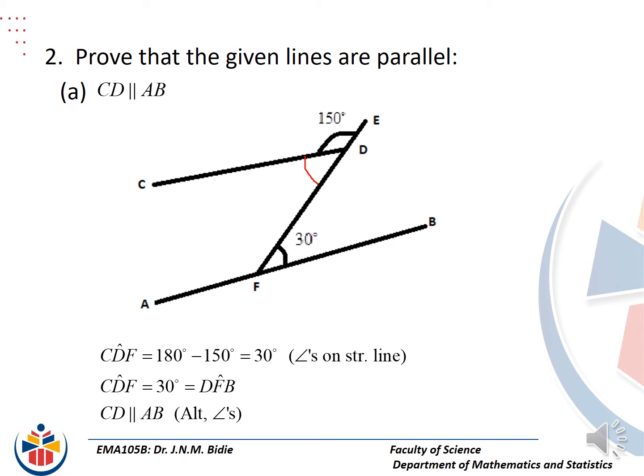So therefore, I got angle CDF to be equal to 30 degrees, and angle CDF is equal to angle DFB. Therefore, I can simply say those two lines are parallel, stating that we have just discovered alternate angles.